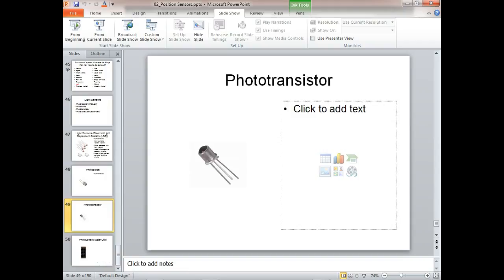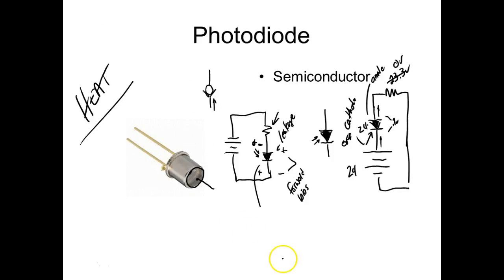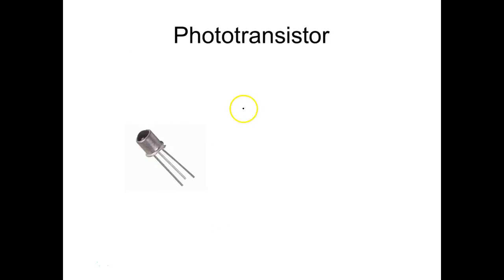So this is a phototransistor. The symbol for a phototransistor, and I don't think I've seen any PNPs. So we come over here and we would do this. And we call this an NPN transistor.